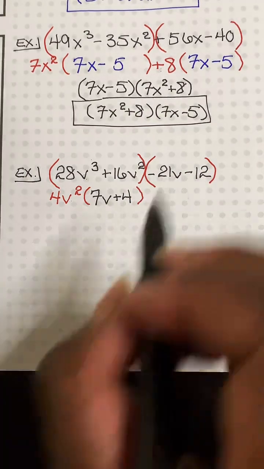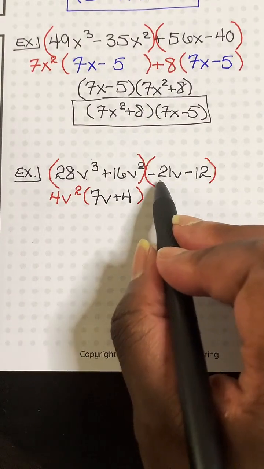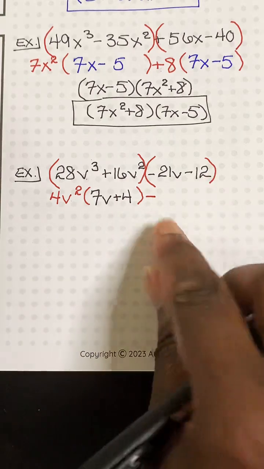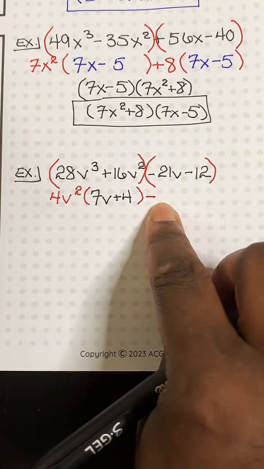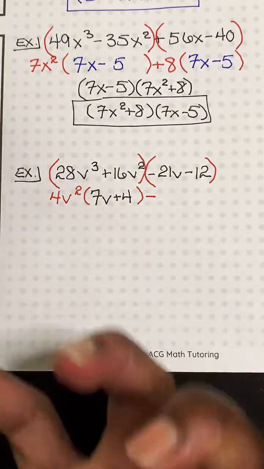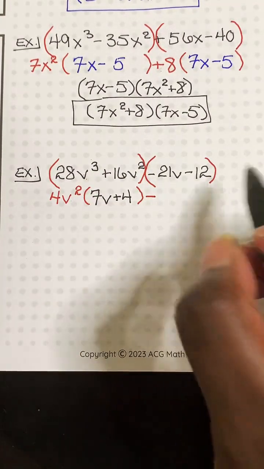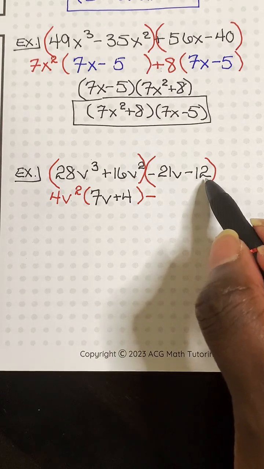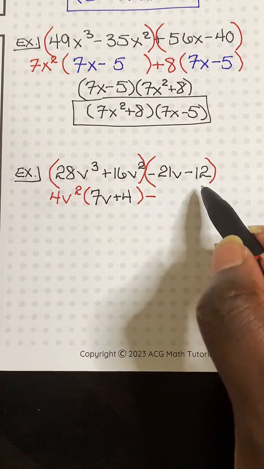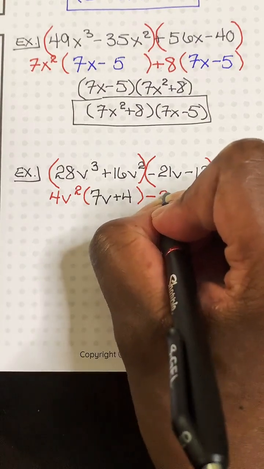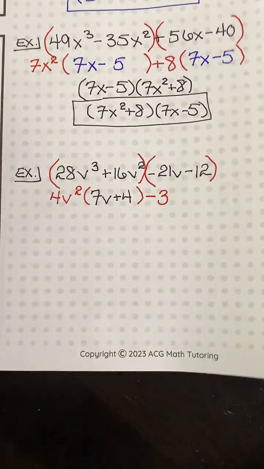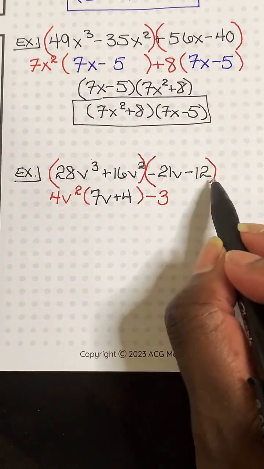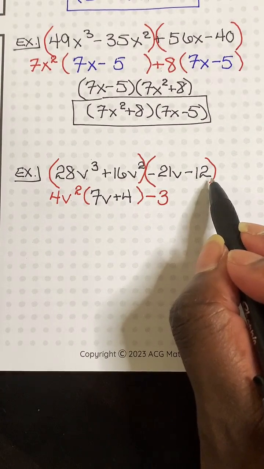So, I know my leading coefficient, that 21, is negative. So that means that my GCF has to be negative. I got to factor out that negative. So now 21 and 12, what they have in common is 3. Okay, it's not going to be 3v because the 12 doesn't have a v next to it.